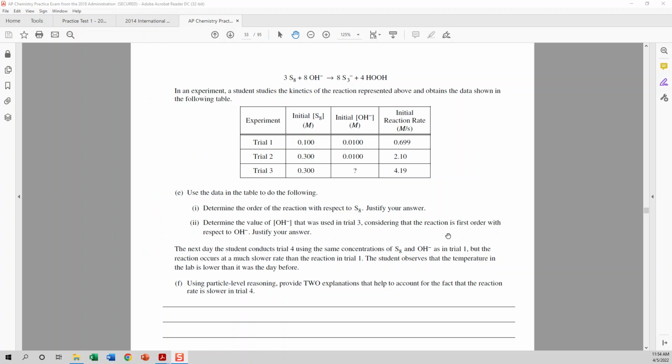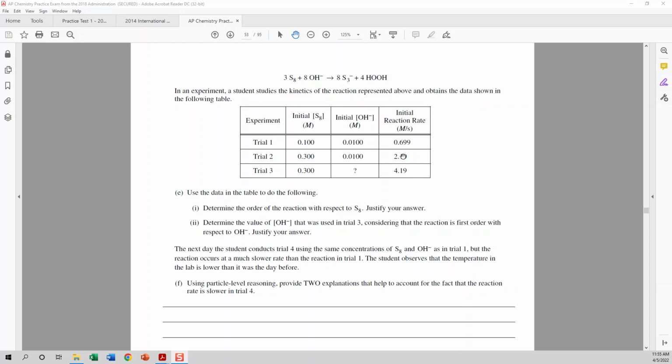All right. So we'll read the questions here in a second, but let's just see if we can determine anything. Trial 1 and trial 2, we kept hydroxide constant, and we tripled the S8 concentration.